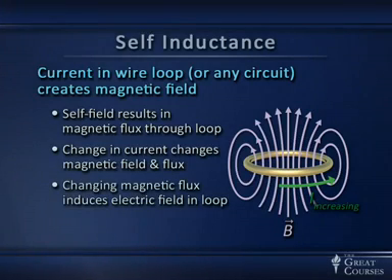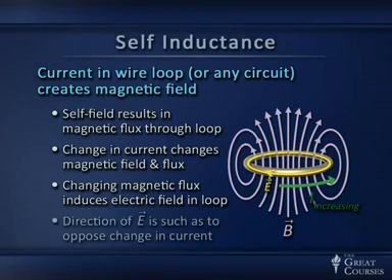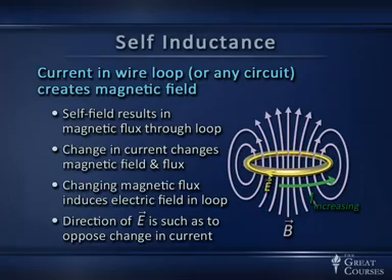Changing magnetic flux, we know, induces an electric field in the loop. There's the electric field, and the direction of that electric field is such as to oppose the change in current. That's the phenomenon of self-inductance. And we now want to quantify that phenomenon because we're going to use it both for practical applications and also to understand something very profound about energy in magnetic fields. So that's why we want to look at this phenomenon of self-inductance.